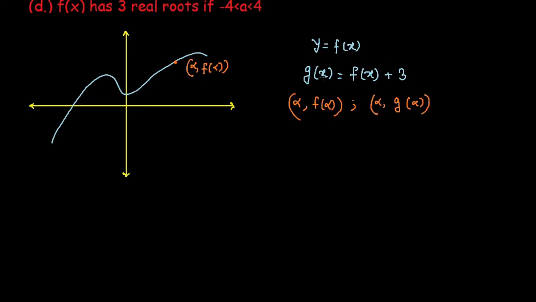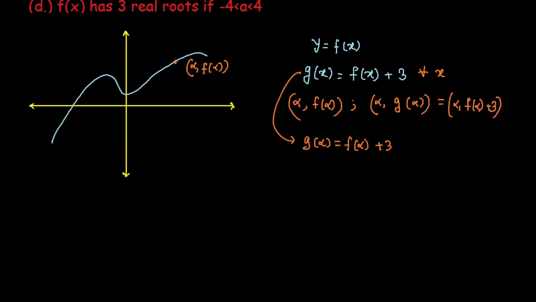Now remember that g of x was equal to f of x plus 3, and this was for all x. So we can say that g of alpha must be equal to f of alpha plus 3. So the coordinate alpha comma g of alpha is actually alpha comma f of alpha plus 3.